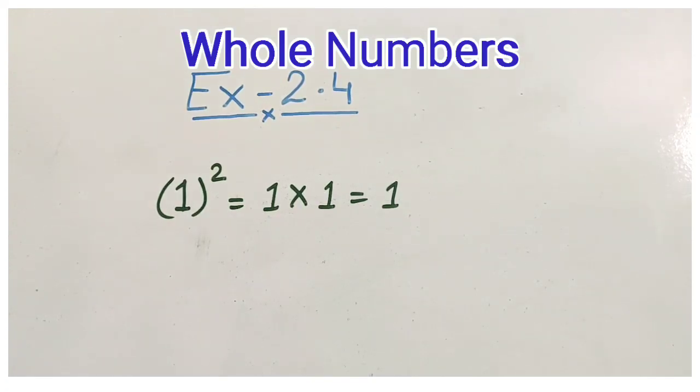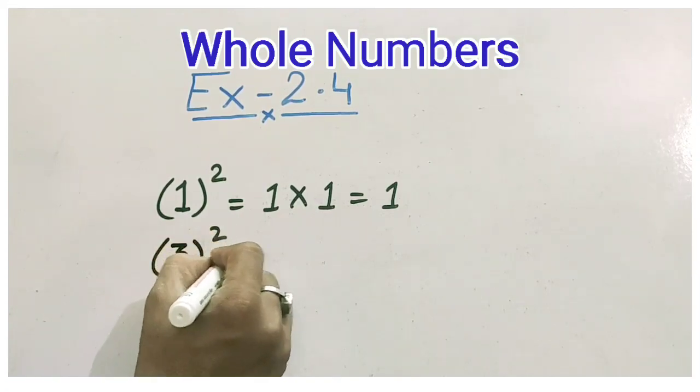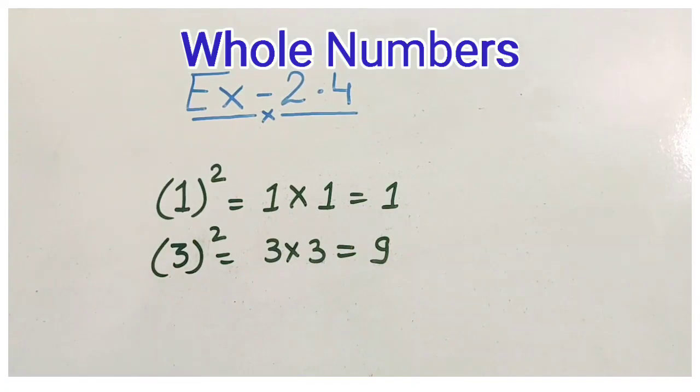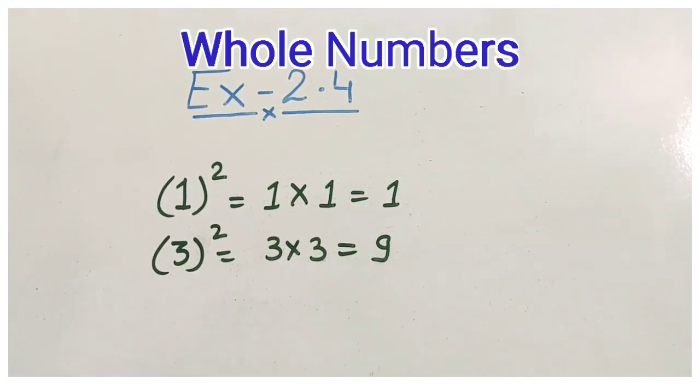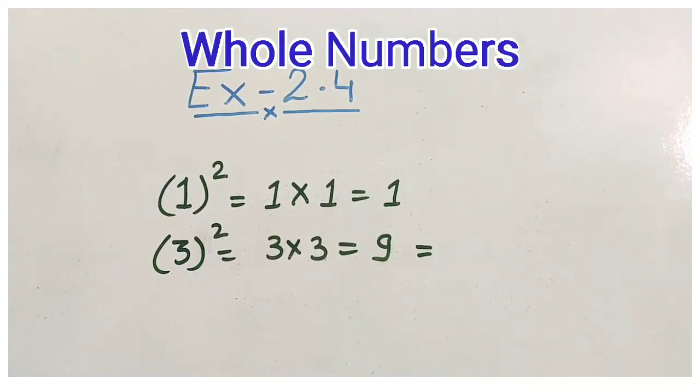The next odd number is 3. Yes. 3 square, 3 multiplied by 3. What did I get? 9. Clear? You know, we can write 9 as the sum of odd numbers, up to 3 times.